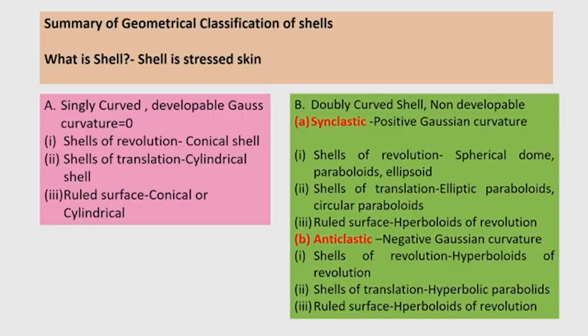Doubly curved shell may be of synclastic nature or anticlastic nature, and in the case of synclastic nature we have found shells of revolution, shells of translation and ruled surface. Anticlastic nature, which is characterized by negative Gaussian curvature, has examples such as hyperboloids of revolution and hyperbolic paraboloid. So, all doubly curved shells are non-developable. Okay. Thank you very much.